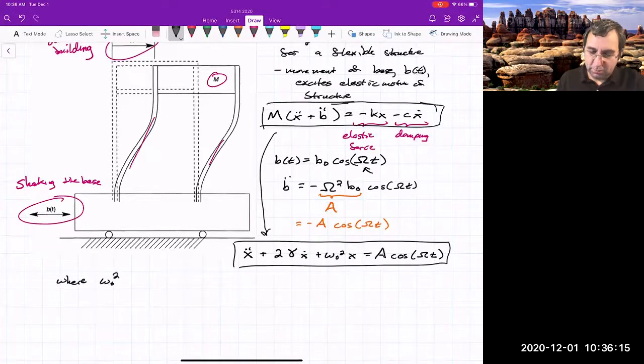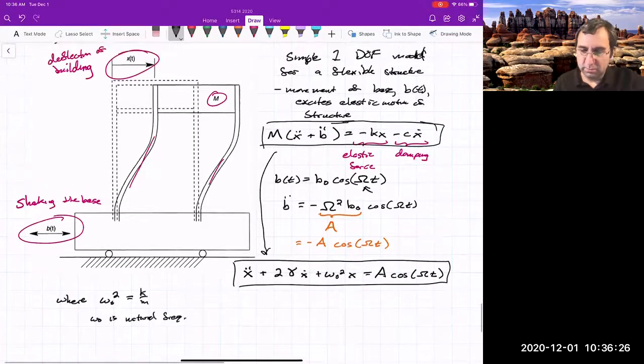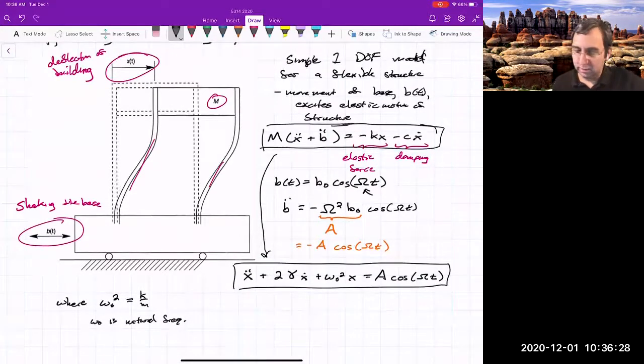Omega naught squared is k over m. So omega naught is the natural frequency of the motion, in the absence of anything else going on. This thing called gamma is the damping parameter, and it's c over 2m. So this is the form I've written here.